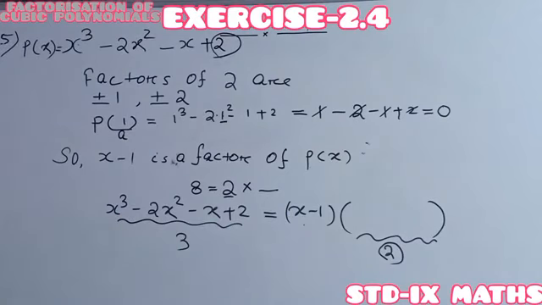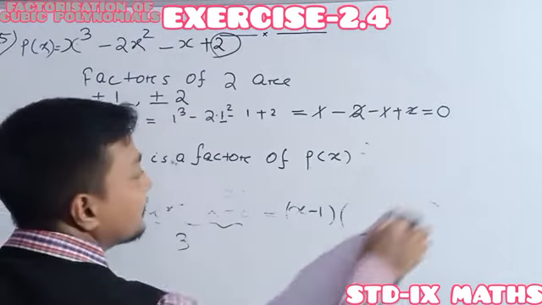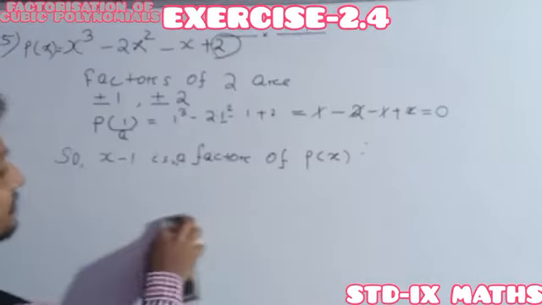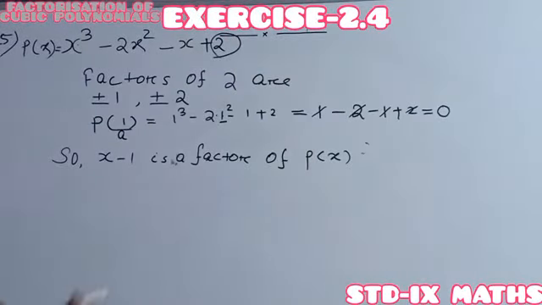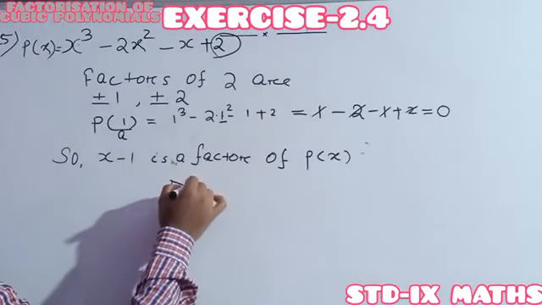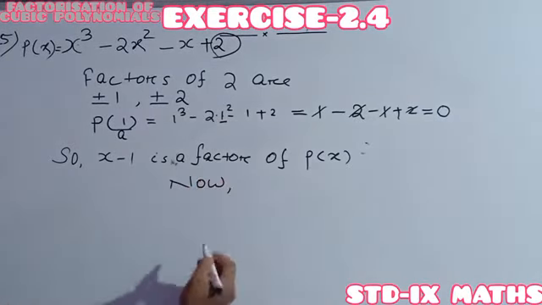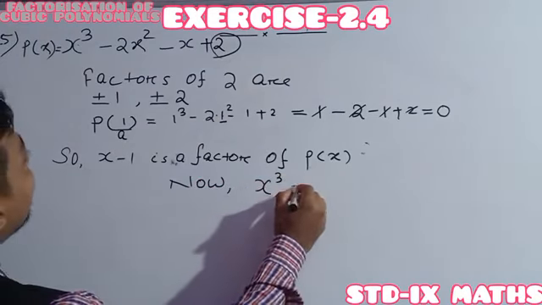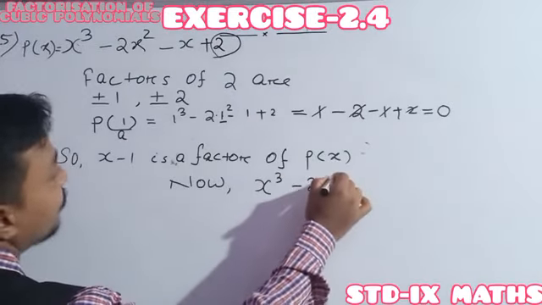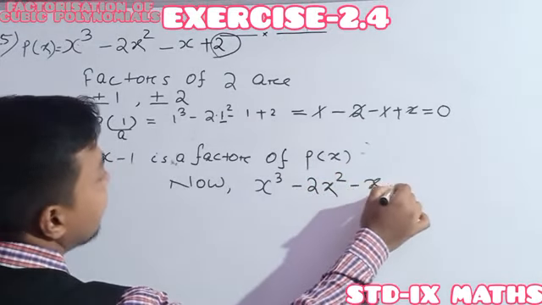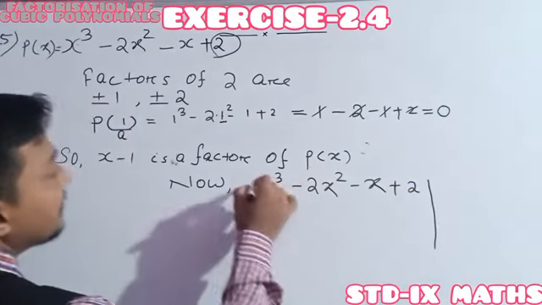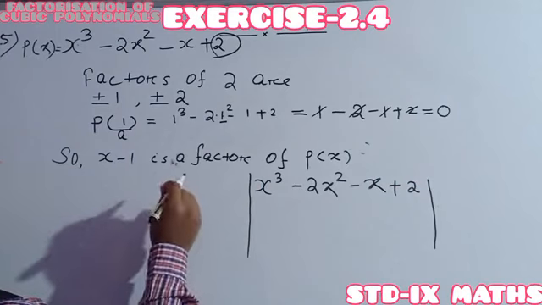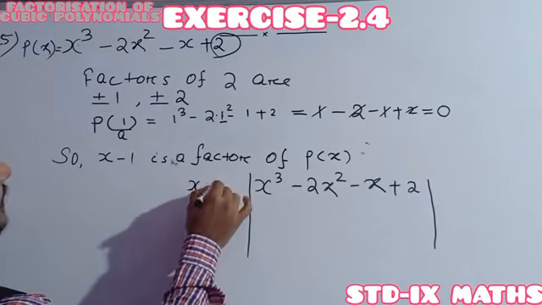So directly I am doing the same. Now x cube minus 2x square minus x plus 2 is to be divided by x minus 1.